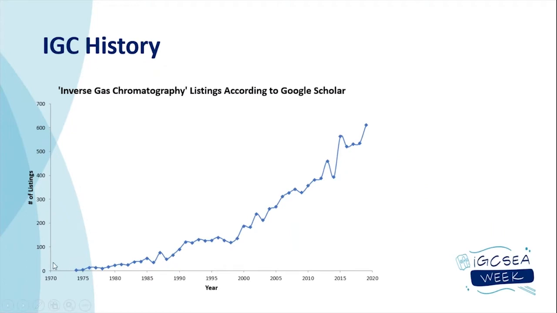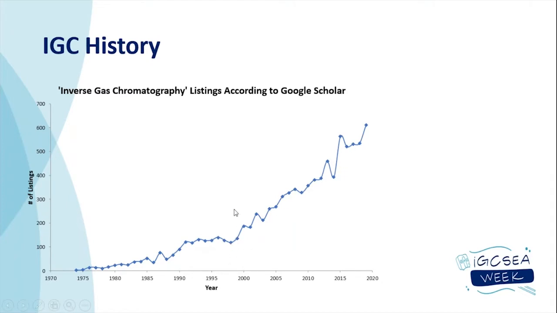As I mentioned, inverse GC has been around for quite a while. And this is just a histogram plot. If you did a Google Scholar search of the phrase inverse gas chromatography and took the number of references per year, you can see it has been around for quite a while. And in particular, the last 20 to 25 years, it has seen significant growth.